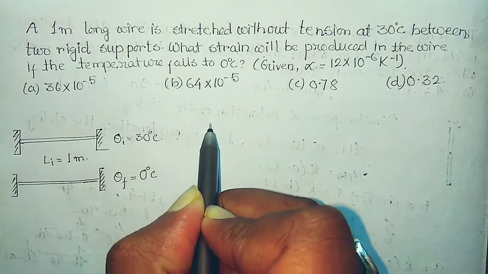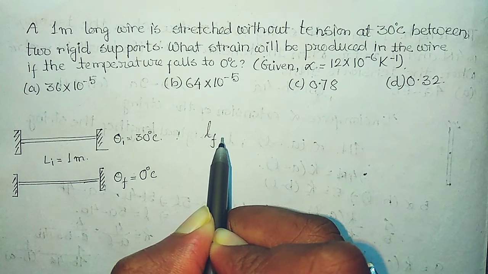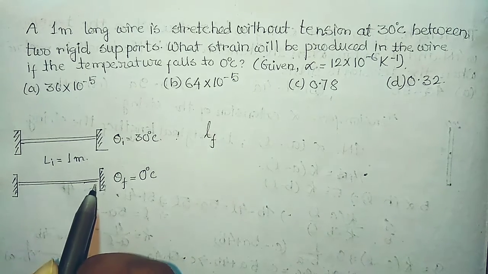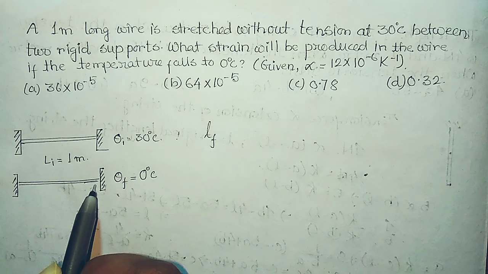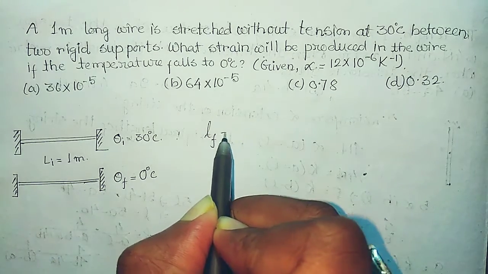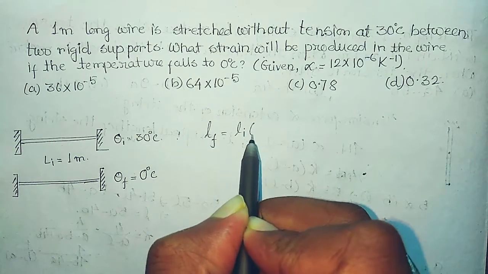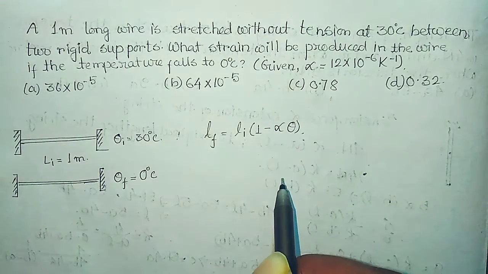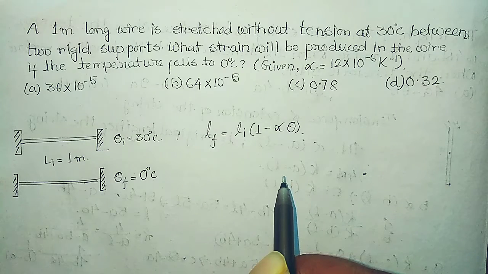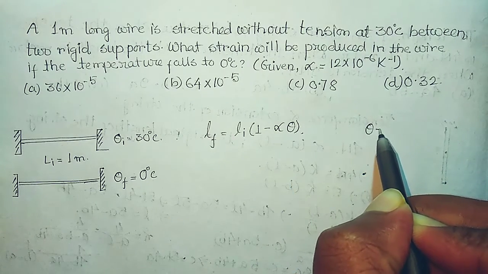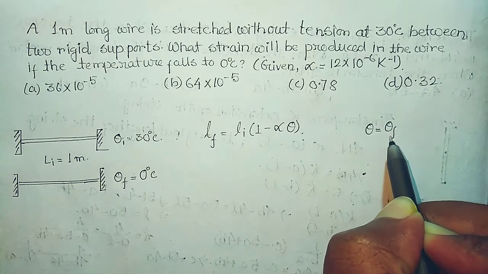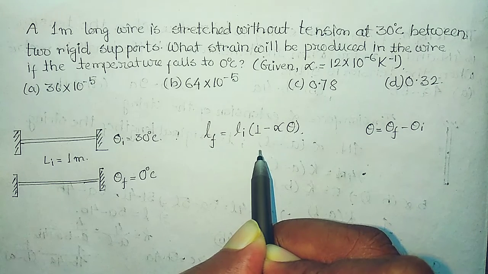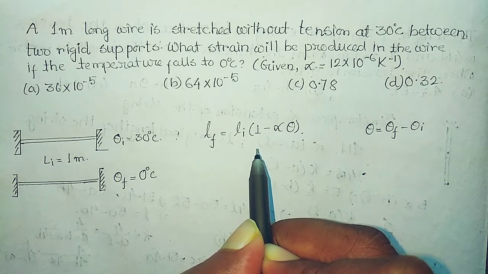If I say LF will be the final contracted length if I allow it to contract, if it is not connected in between these two fixed supports, then LF should be equal to Li into 1 minus alpha multiplied by theta, where theta is the temperature difference, theta equal to theta F minus theta I, and this minus sign is because the temperature is decreased finally.